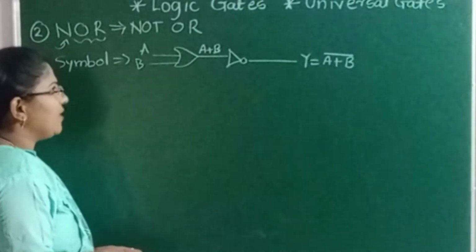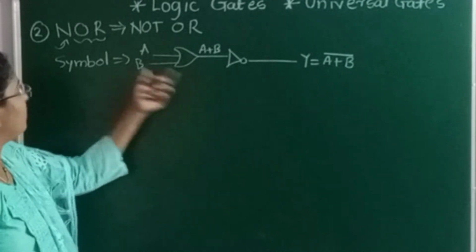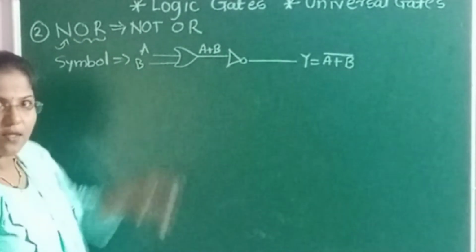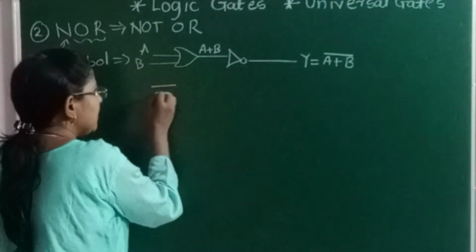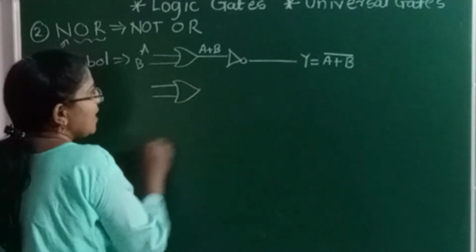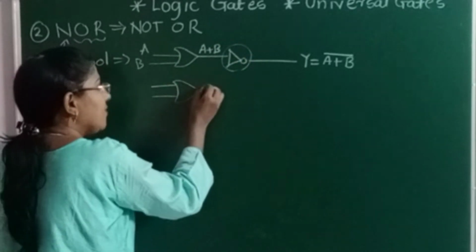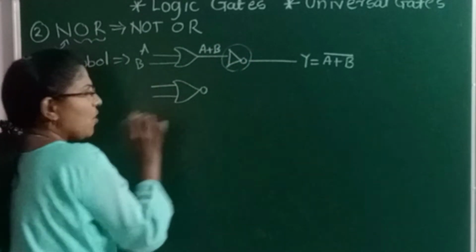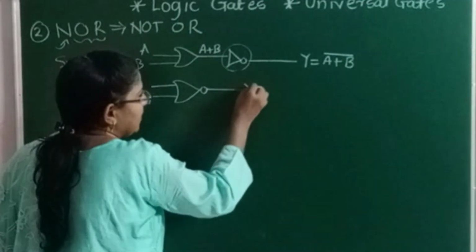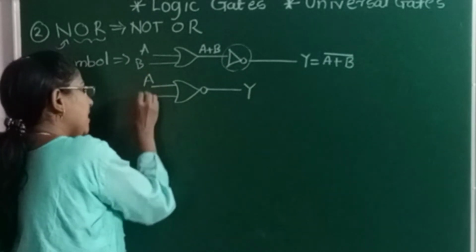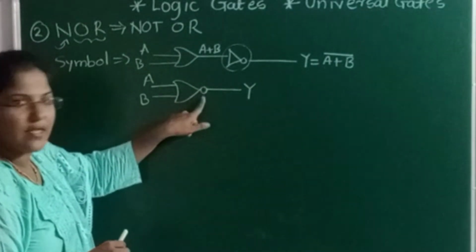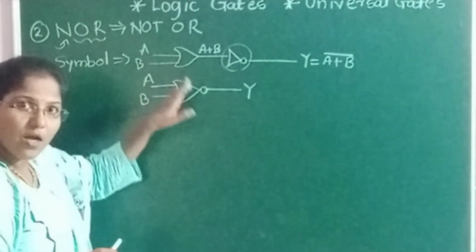Now next one is, every time whenever we are going to represent the symbol of the NOR gate, we will not represent like this, because two gates we have to use here. So what we will do, draw the symbol of the OR gate like this and replace this NOT gate by using a small bubble at the end of the output, and now represent it by Y. Input is A, second input is B. This small bubble represents the inversion or complement or NOT operation.